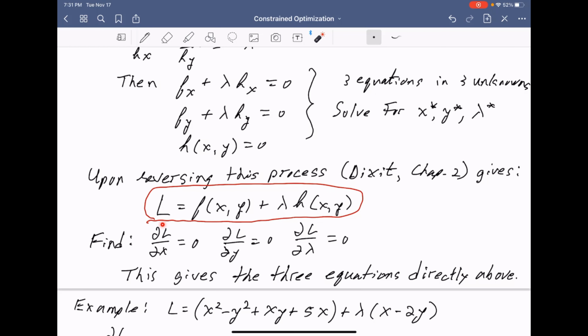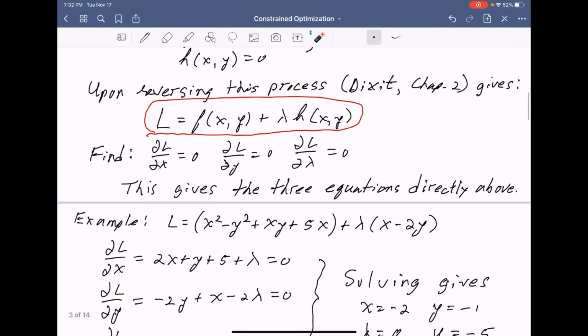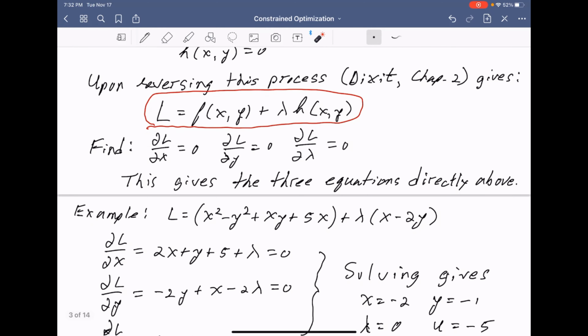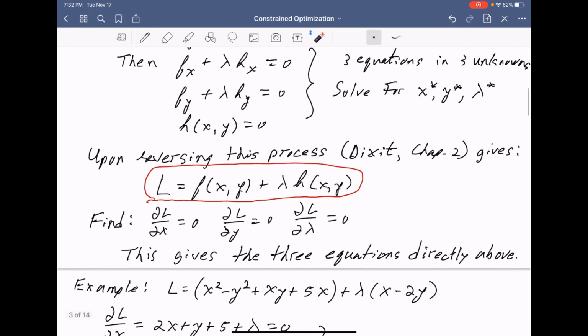So what we do is we set the partial of the Lagrangian with respect to x equal to 0, the partial with respect to y equal to 0, and finally the partial with respect to lambda equal to 0. So this then gives three equations, the three equations up here that we had previously.